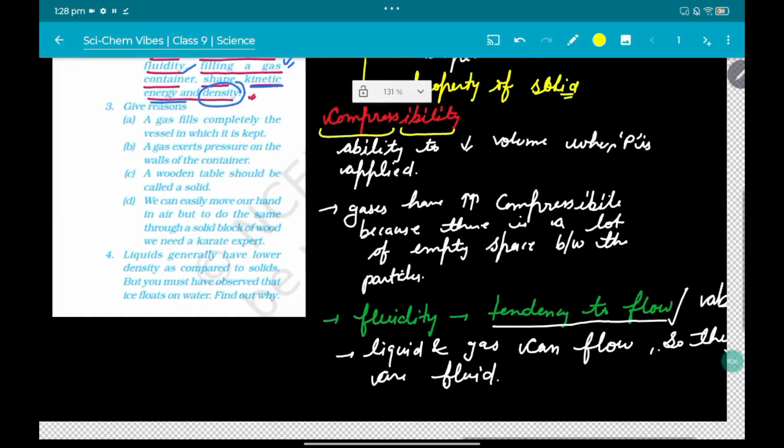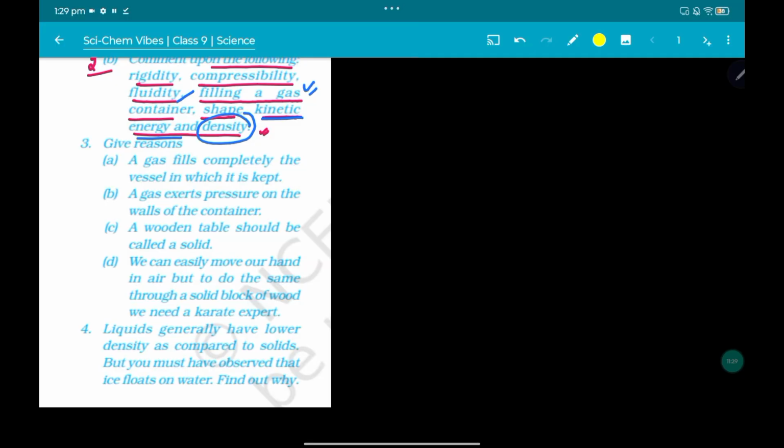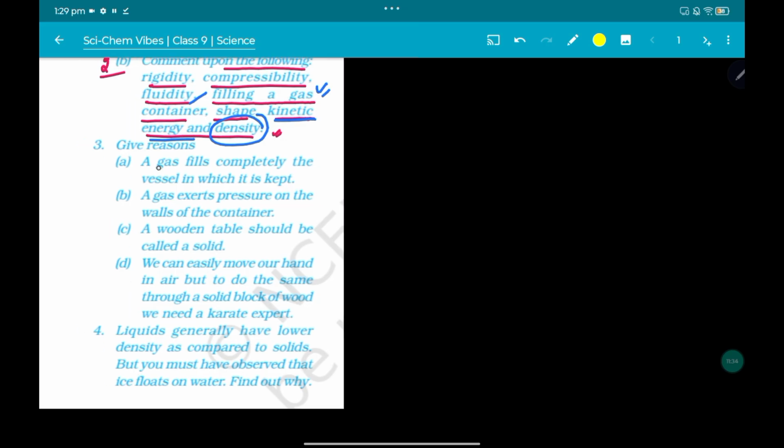Let's move to question number 3. Question number 1, third says a gas fills completely the vessel in which it is kept.